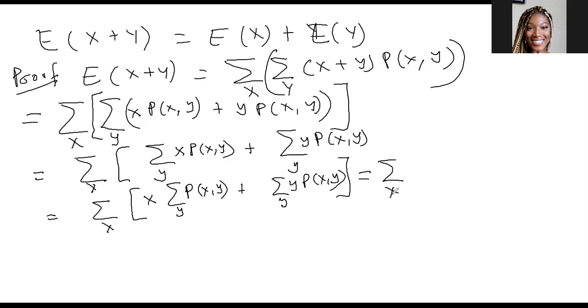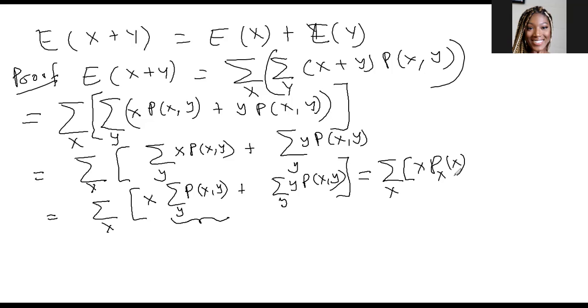This is sum over x. This guy, if you remember how we define the marginal distribution, is P of x. P of x is when you fix x and you add all the y. So we will write it as x, Px of x.